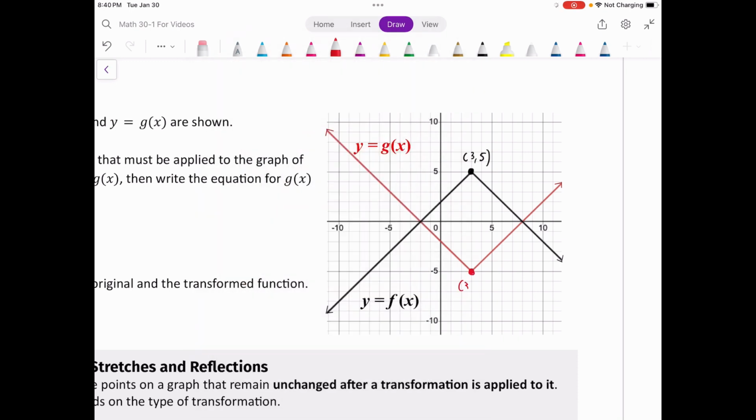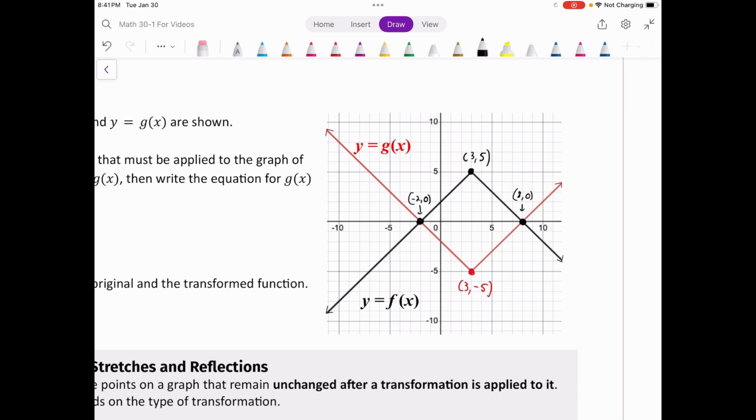So (3, -5). That seems like the y values have been multiplied by -1, maybe a reflection across the x-axis. Ooh, look at these. These are some clues as well. Look at the points that are the same between the two graphs, that didn't change after whatever transformation happened, or at least that they still share: (8, 0) and (-2, 0).